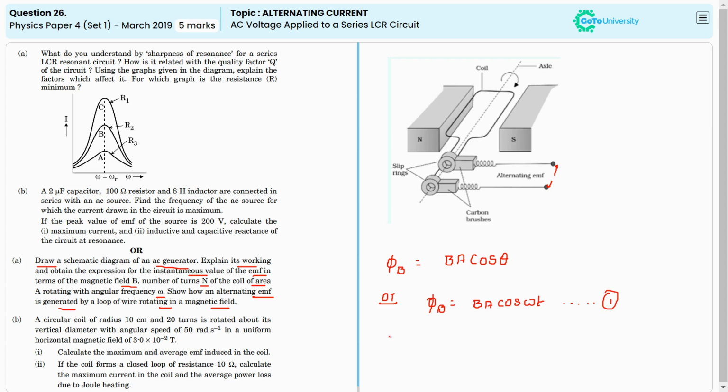Then from Faraday's law, EMF induced in the coil, that is ε, is equal to minus N times dφB divided by dt.